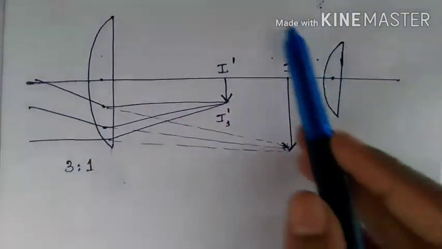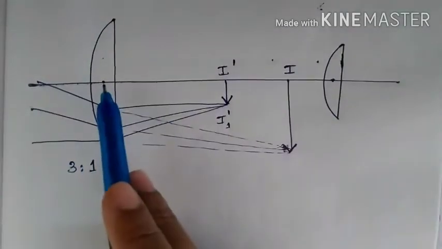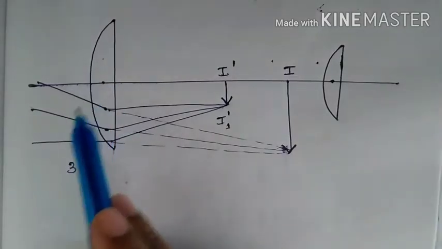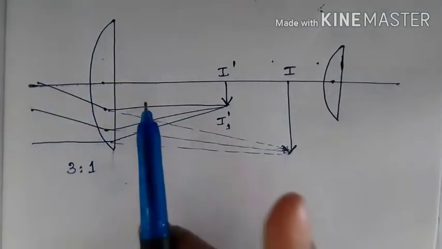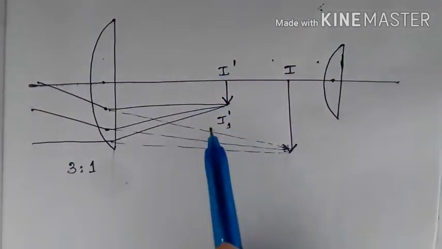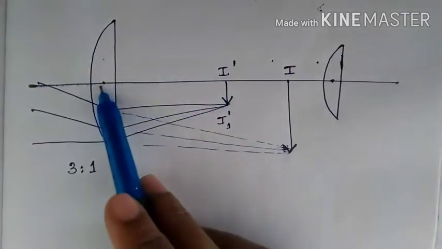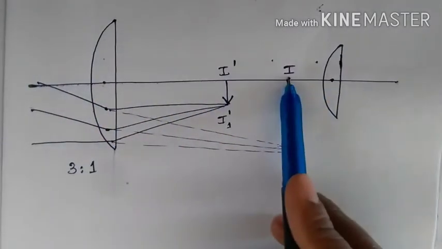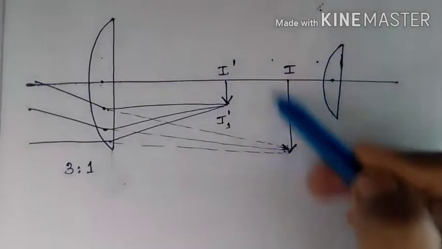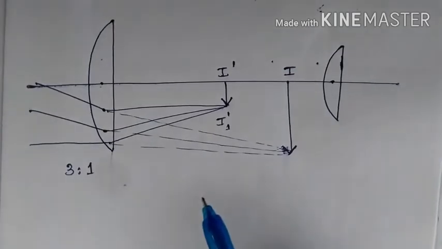This image of the objective lens acts as an object for the field lens, and the field lens after refracting the rays forms the image at the position I prime. So I prime is the image of the field lens and I is the object for the field lens, whereas this I is the image of the objective lens.